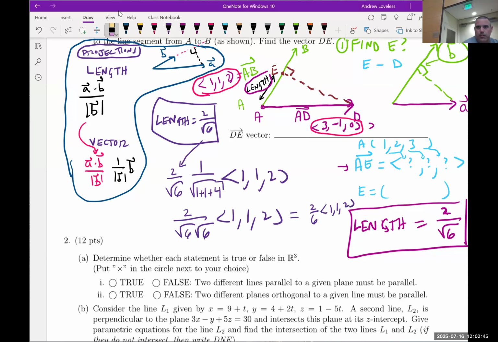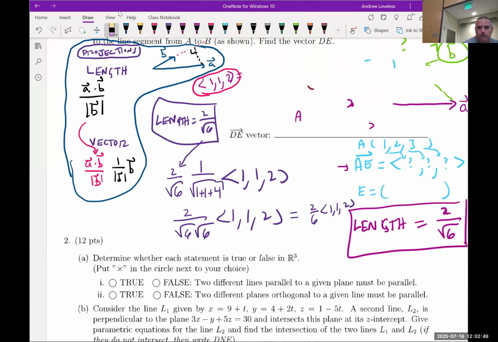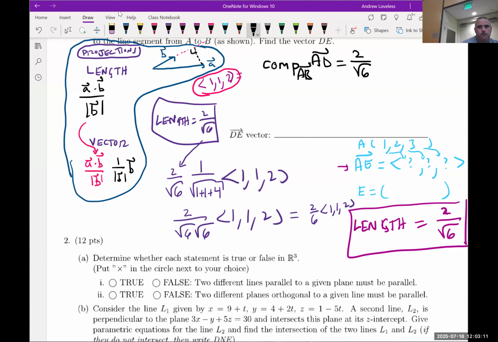So let's summarize a few things for this problem. Let's get rid of this for just a moment. I think part of the issue is just the fact that there are names. So the name part would be, I always have to think about how the book calls this, the component projection of AD onto AB was 2 over the square root of 6. And that was this length.